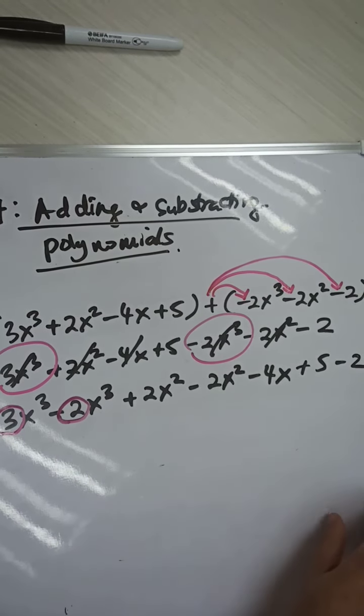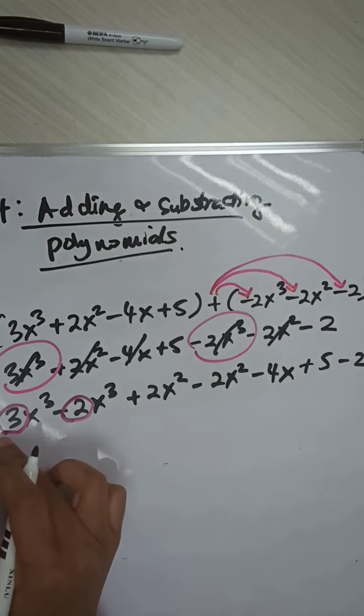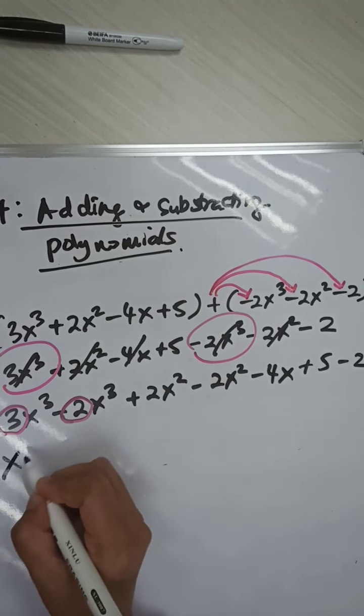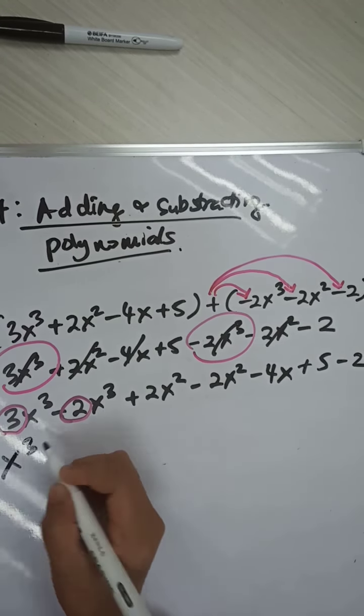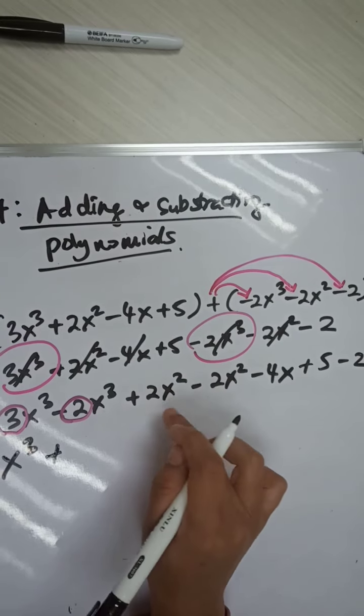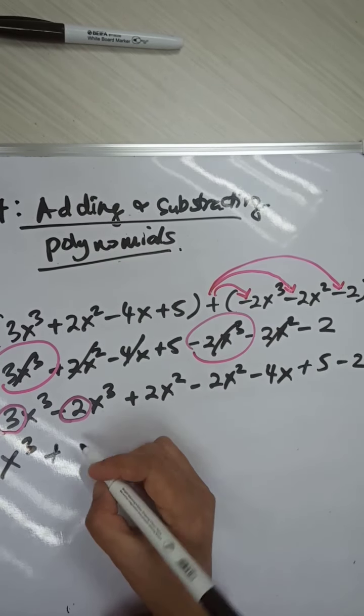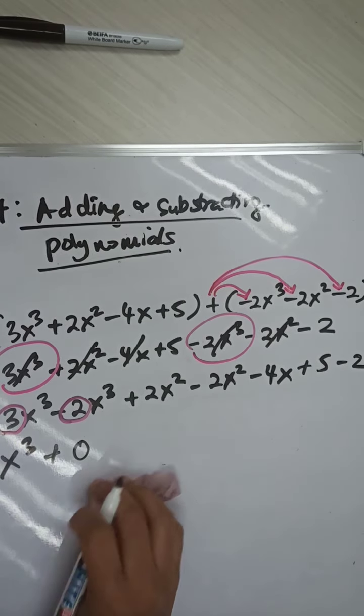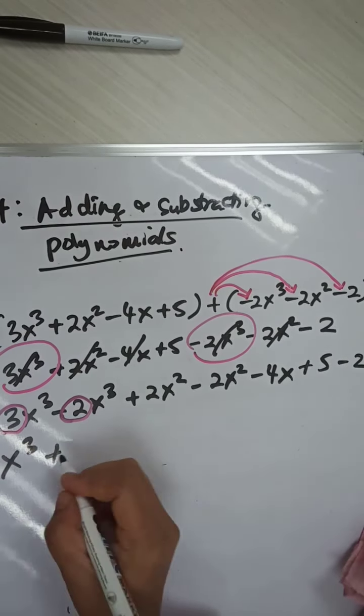To solve this, you have to subtract: 3 minus 2, we get 1, right? We normally don't write 1 in front of x cubed. Now we proceed to the second one. When 2x squared minus 2x squared, we get 0. No need to write 0, because it doesn't exist at all. So just let it be.